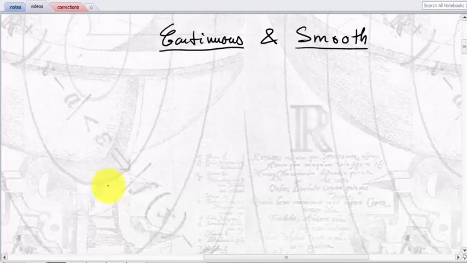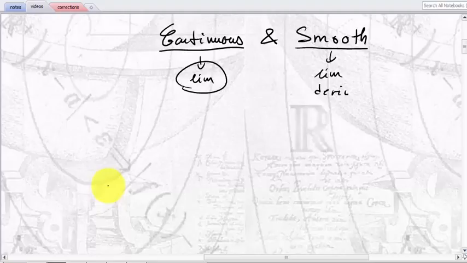We do not have the tools to measure continuity. Actually, continuity is about some limit notation. But we just introduced the notation of limit, and we don't have the tools in this course to really delve into the technicality of continuity, nor to delve into the technicality of smoothness. Here you would need some limit, but you would also need some derivative. So we don't have the tools to do that.